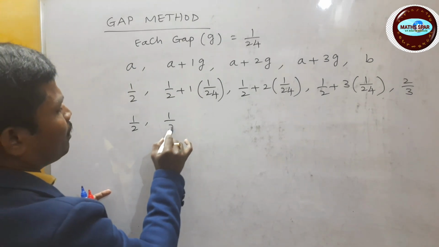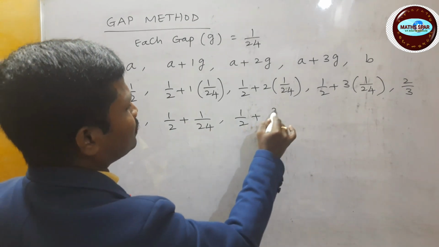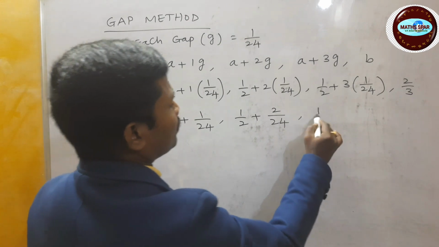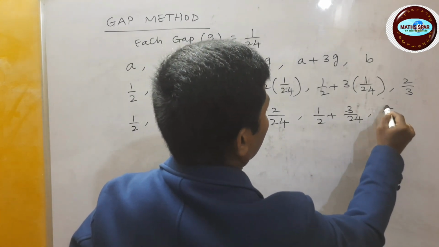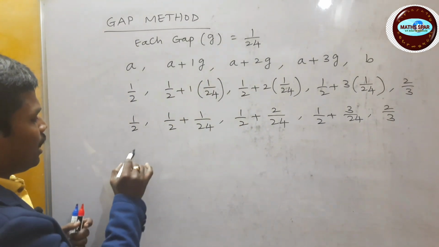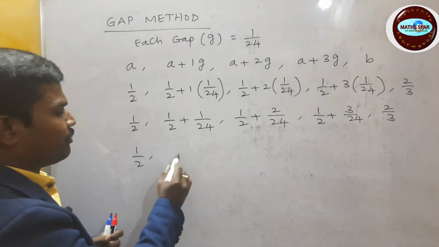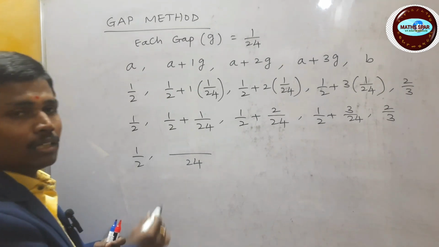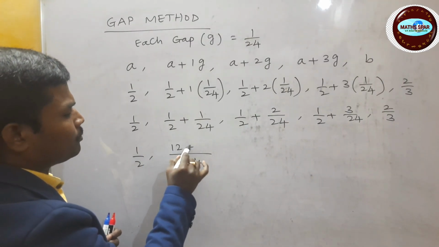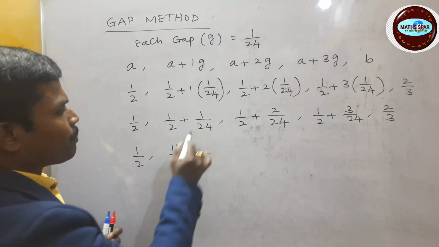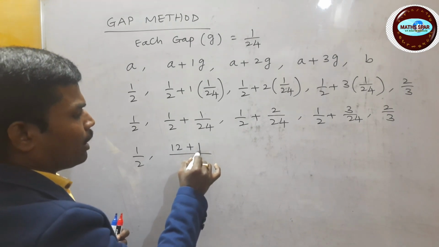Half plus 1 by 24, half plus 2 by 24, half plus 3 by 24 and 2 by 3. Now, the LCM of these two denominators 2 and 24 is 24. Half multiplied with 24 is 12, plus 1 by 24 multiplied by 24 is 1.